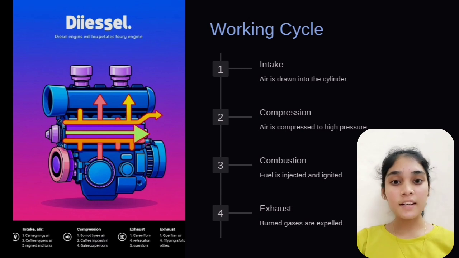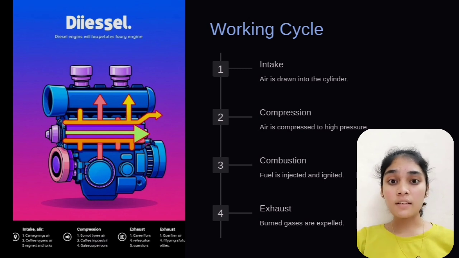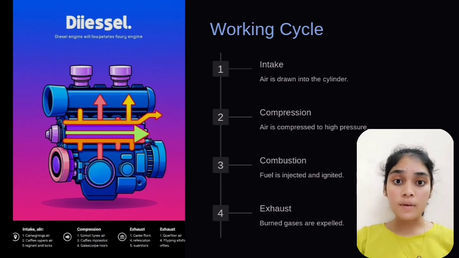First one is the intake stroke, second one is the compression stroke, third one is the combustion, fourth one is the exhaust. Intake stroke says that the air is drawn into the cylinder as the piston moves down. Then compression stroke is the piston moves up, compressing air to a high temperature and pressure.